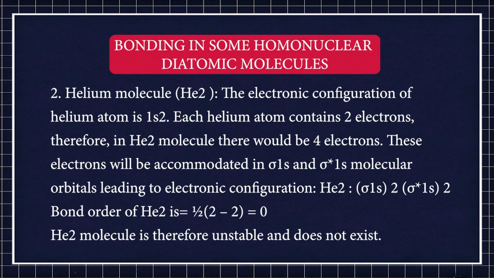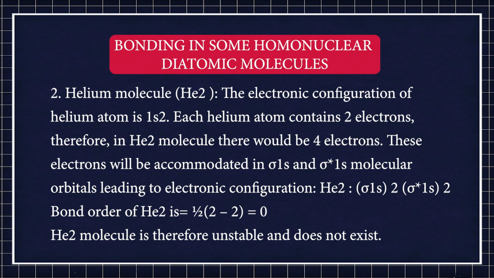Dear children, now we move on to another molecule, that is helium, He2. The electronic configuration of a helium atom is 1s². Each helium atom contains 2 electrons. Therefore, in the He2 molecule, there would be 4 electrons.